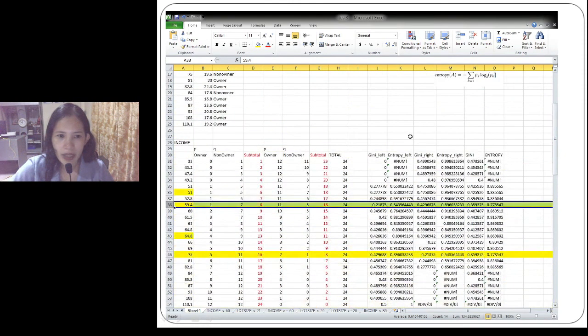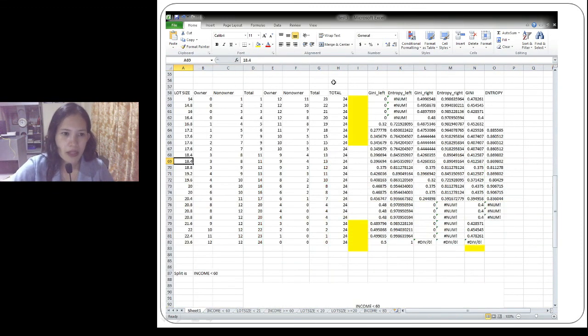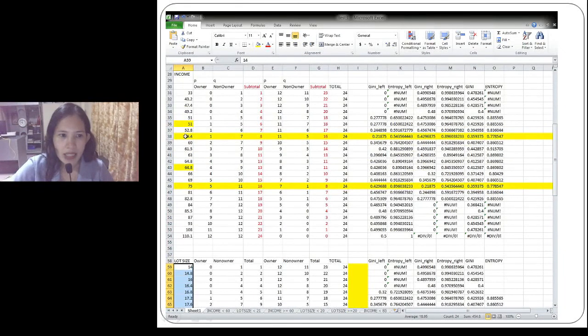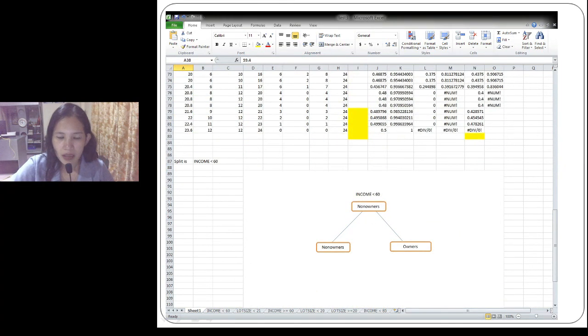Again, this is our income values, and these are our lot size. So the least GINI that we have is from the income, in row 38 and 46, but we'll use the first one. So this belongs to less than 60. That will be our first node of the classification tree: income is less than 60.